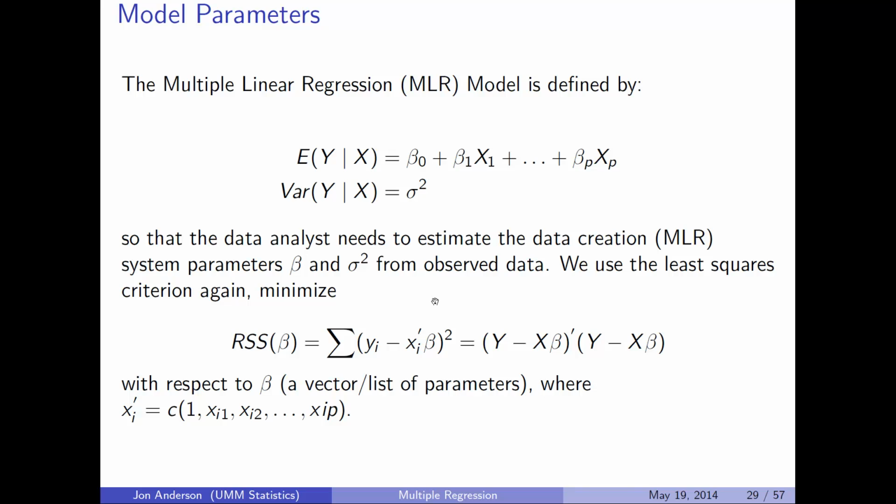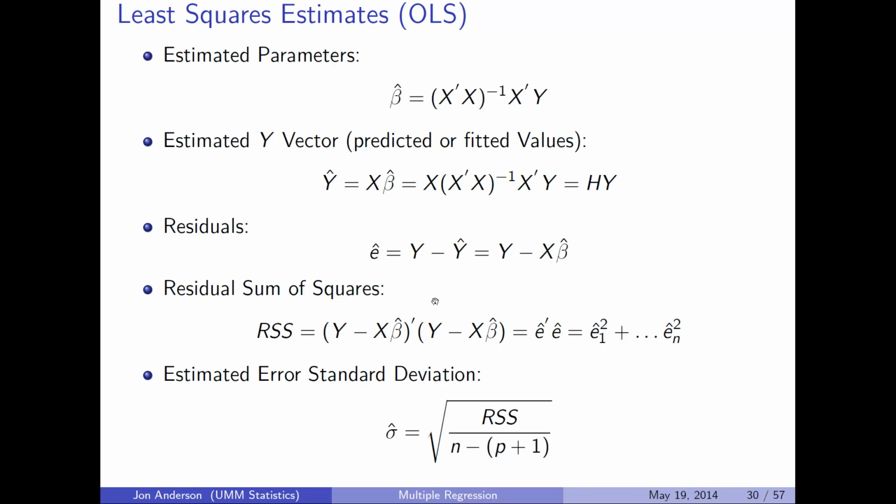And so this is our task for estimating the multiple linear regression model. And we're going to do that through least squares, ordinary least squares estimation. And it turns out there are some very standard formulas for coming up with our best estimates for the betas. Beta hat is this complicated function of our predictor information and the response data.